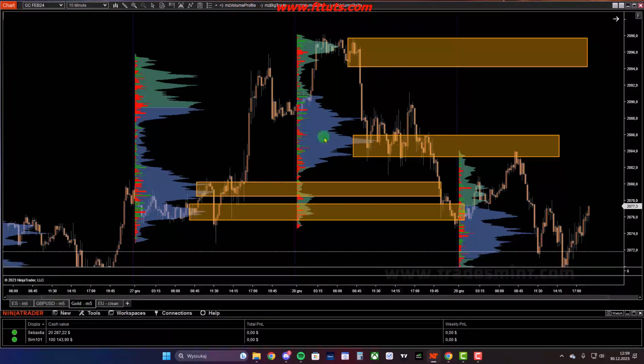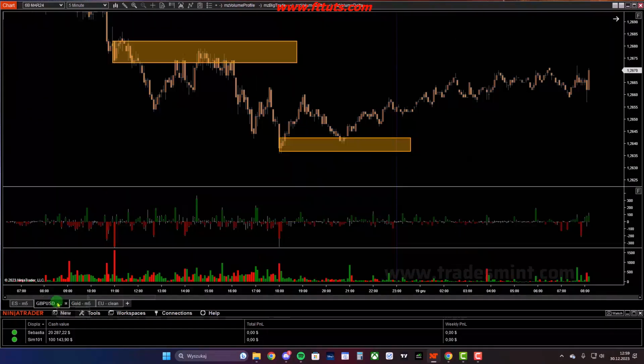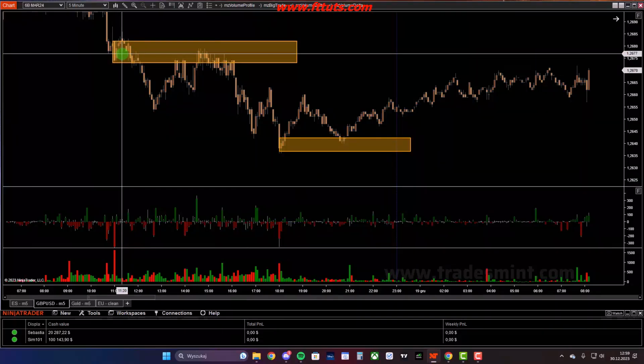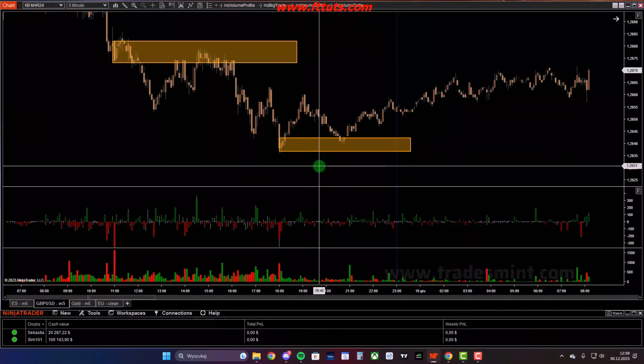The most important are definitely the zones based on the volume profile at the beginning of each session, marked based on the few previous days, and also, for intraday trading, the volume zones and also delta zones.